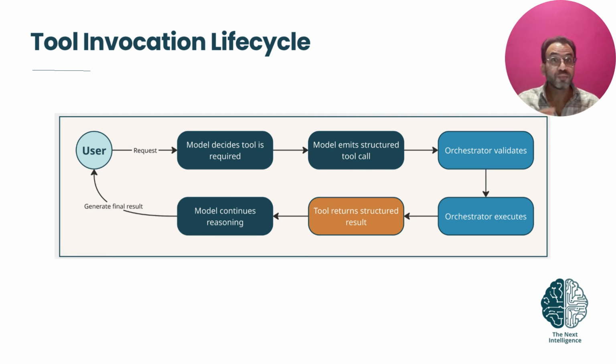That will probably be through an external API that generates a structured result, which is delivered back to the model to reason on top of it and generate a final result to the user.